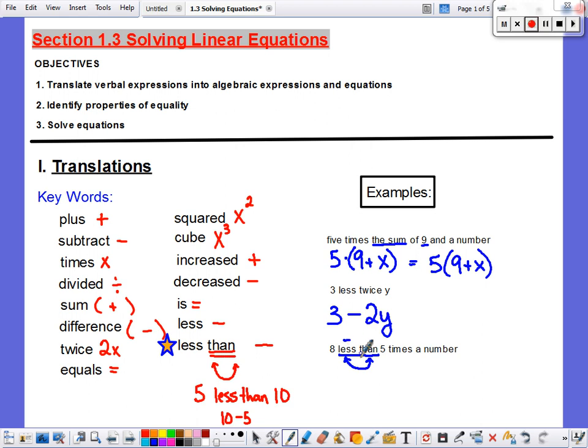This is obviously meaning subtraction. What are we subtracting? Well, 5 times a number. So 5 times some number, and a number is a variable. We'll use x, you can use y, or whatever you want, some variable of some sort. That represents a number. So we have 5 times a number, and then subtract the 8. Notice the order that we read it is the opposite of the order that we wrote it because of the than. So be careful of that. That does get a little tricky for some students.